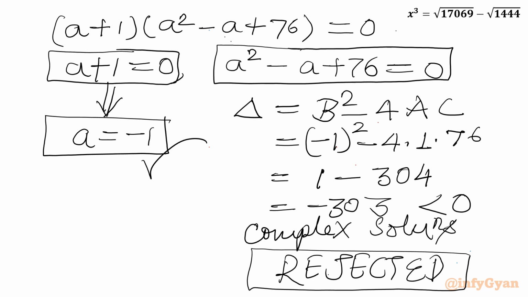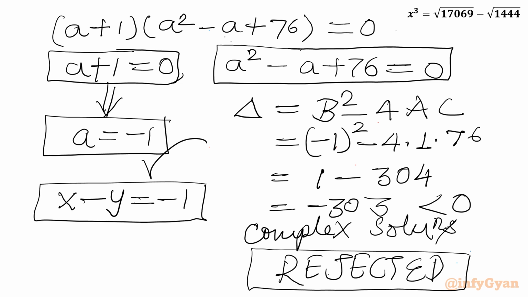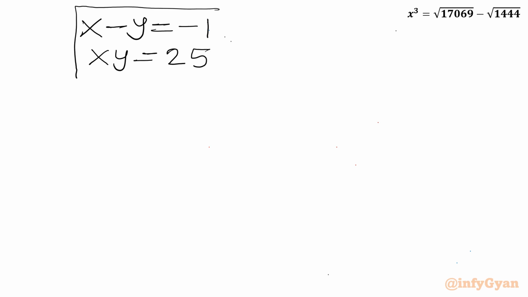And A was our substitution. It was x minus y. So let me write our equation here. x minus y equal to negative 1 and x times y equal to 25. Now we have to solve this system for the value of x.